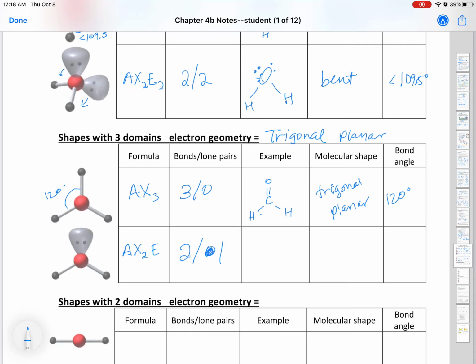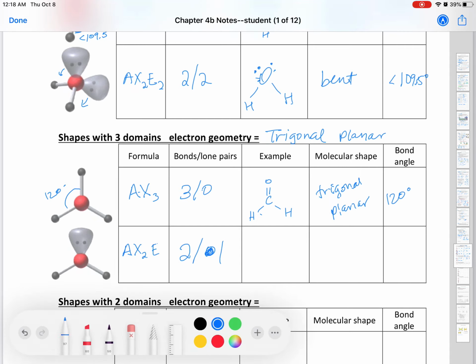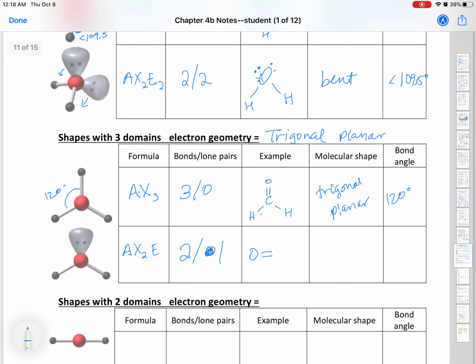And then a good example of this one would be O3, ozone, which we saw before. Sorry, this is sloppy, I'm going to redraw that. So there is a lone pair on the central oxygen. All right, so ozone looks like this.